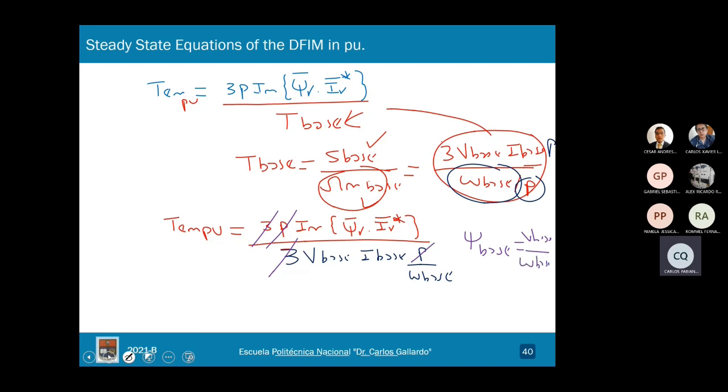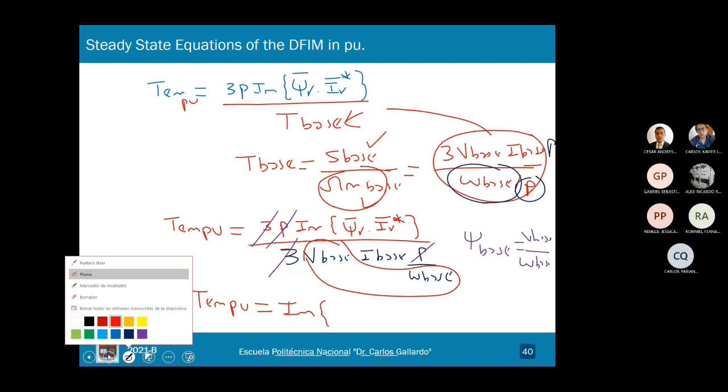Finally, the electromagnetic torque, the per unit value, is equal to the imaginary part.